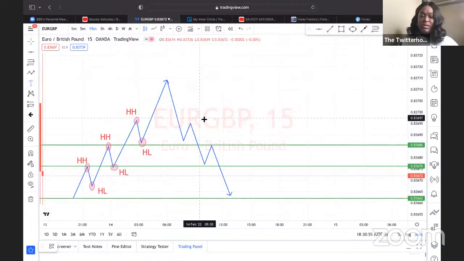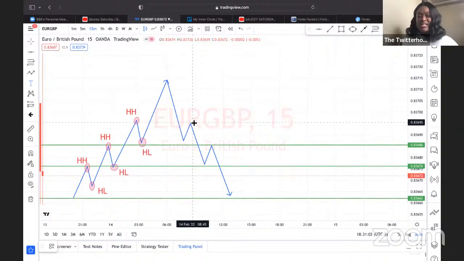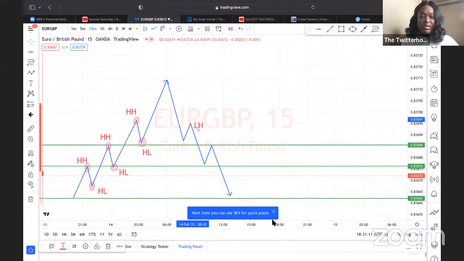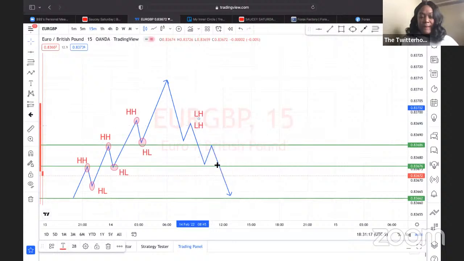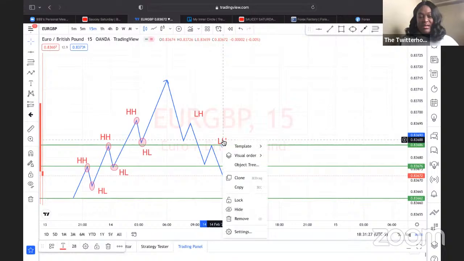Okay. So this was a high. This is another high, but it's lower than the previous high. So it's a lower high, right? Okay. And let's clone this. So here again we have a lower high, right?